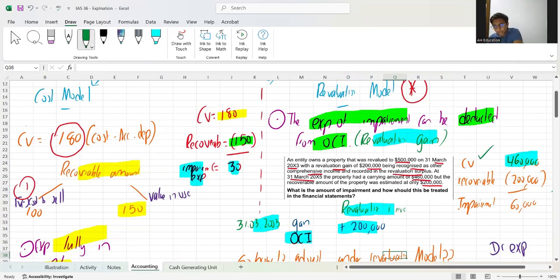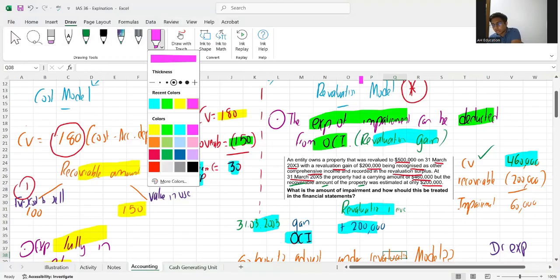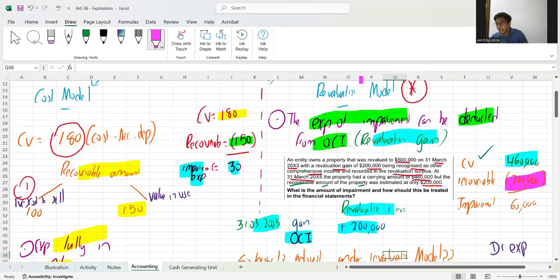But the recoverable amount of the property was estimated at only 200,000. In real life, we can only sell it to a third party and generate only 200,000.